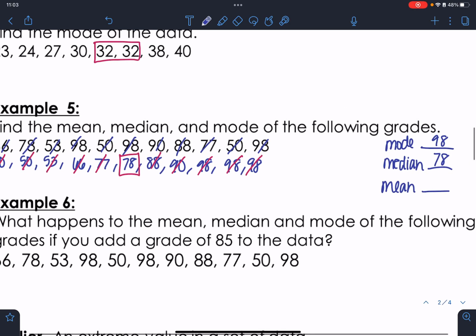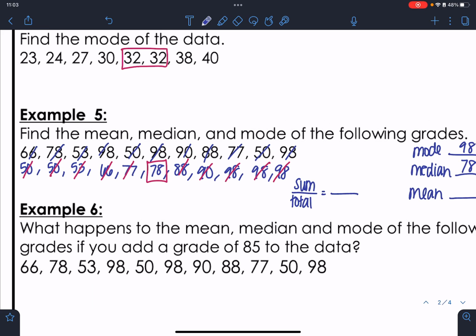Okay? And then the mean, this is where I'm going to add up all of those numbers and divide by how many numbers I have in my list. So again, that is taking the sum, or adding them up, over your total. So the sum, we should get 846. And again, I'm assuming that once you're working on this on your own, you will be able to type them in.